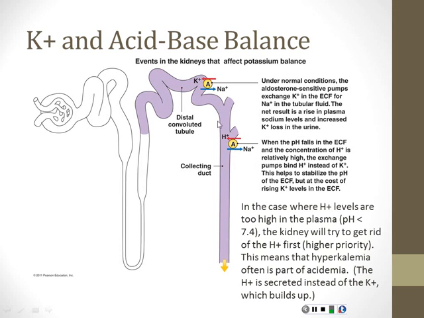There's only so many of these pumps present. So whenever you have a patient with acidosis, they usually develop hyperkalemia too, because the principal system for getting rid of potassium is sort of hijacked by the kidney trying to get rid of the acid instead. So it's just a very common thing you see in patients.